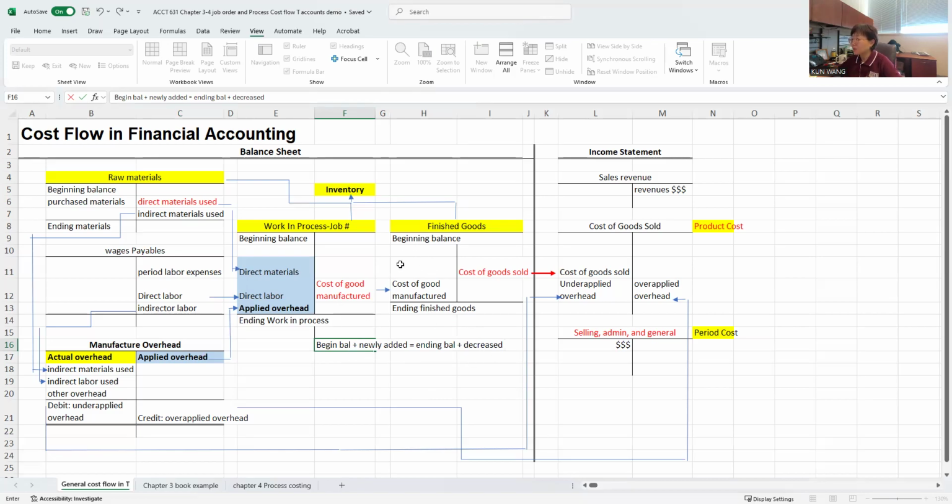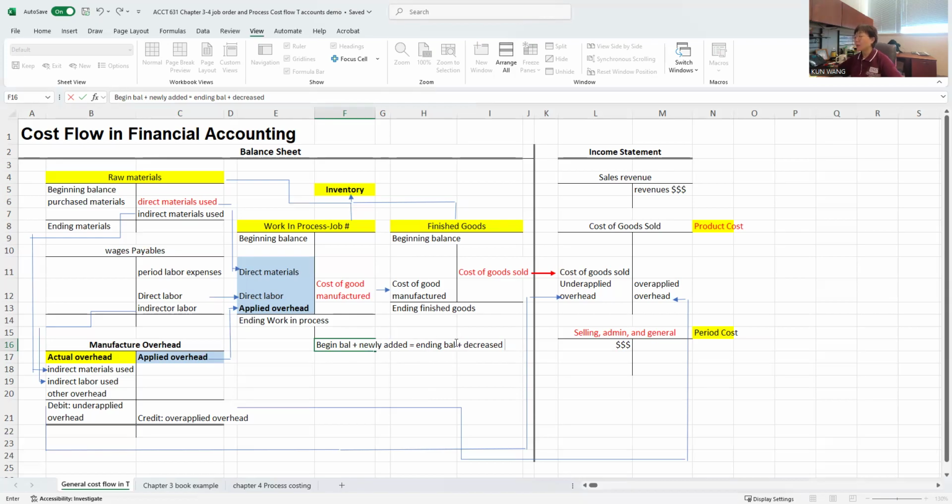But anyway, the beginning plus the newly added equals the decrease and the ending finished goods.